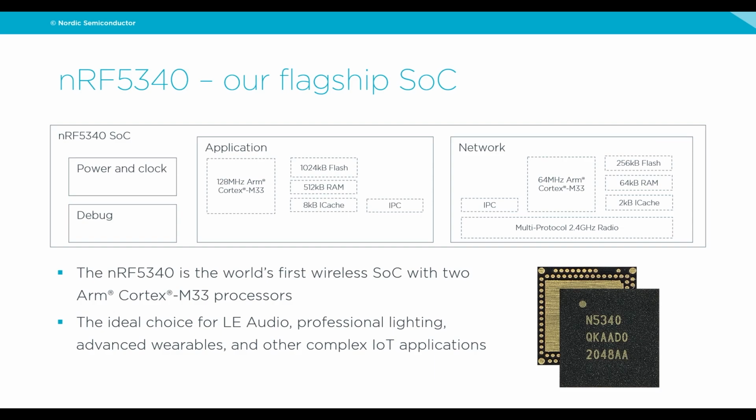The application processor is optimized for performance and allows you to perform time-critical application tasks without being affected by radio stack execution. The network processor is optimized for low power and efficiency and responsible for radio operations.